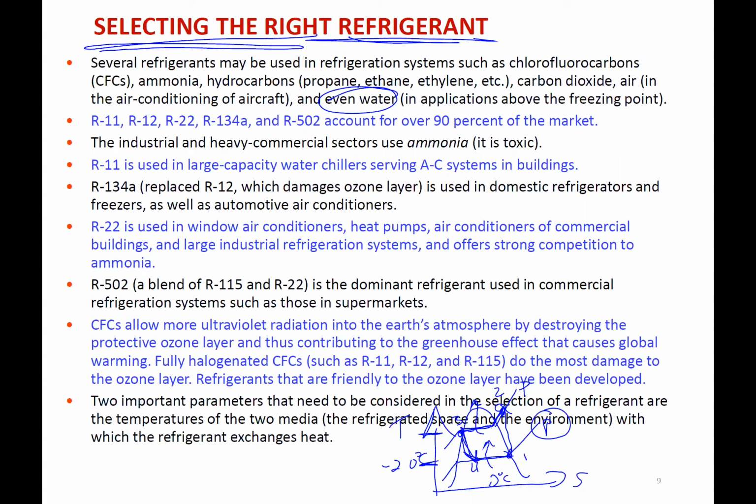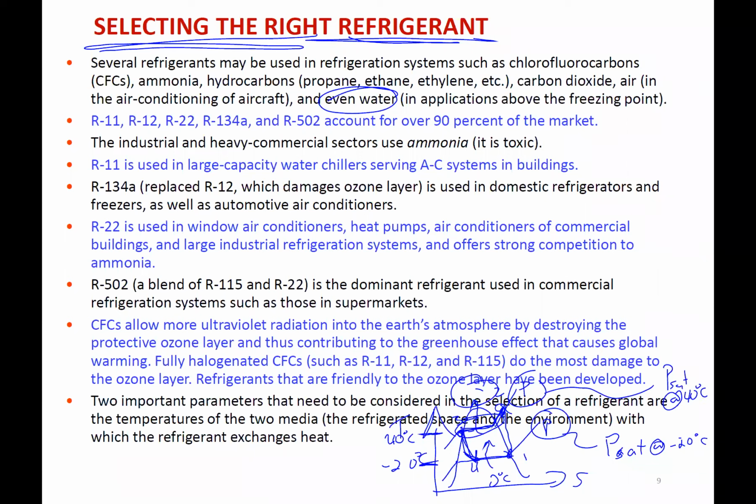So that would be the PSAT at negative 20 degrees Celsius, right? And then this one, if you're cooling into the atmospheric air, which is around 20 degrees Celsius, let's say, then this here needs to be 40 degrees Celsius. And then there's a PSAT that goes with that, right? There's a saturation pressure at 40 degrees Celsius, okay?